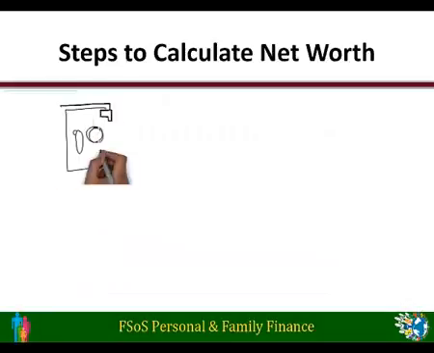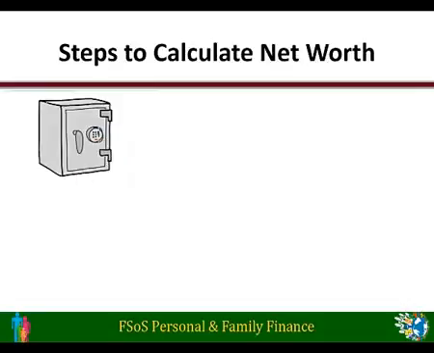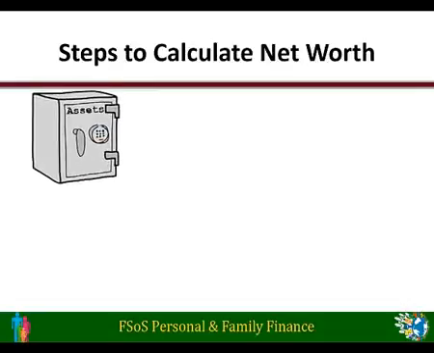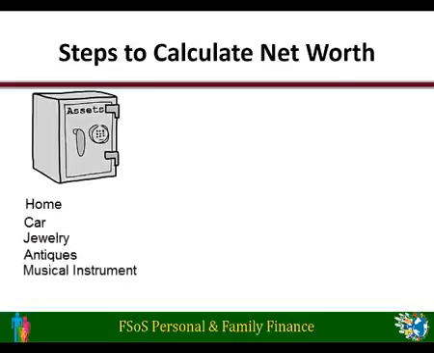The first step in calculating net worth is to list all of your assets. Use the fair market value of things you own. These would be things like your home, car, any jewelry you have, antiques, maybe you have musical instruments, your computers. You will find the fair market value on the World Wide Web. For example, you can use the Kelley Blue Book value of your car by looking up the make, model, mileage, and features on kbb.com.